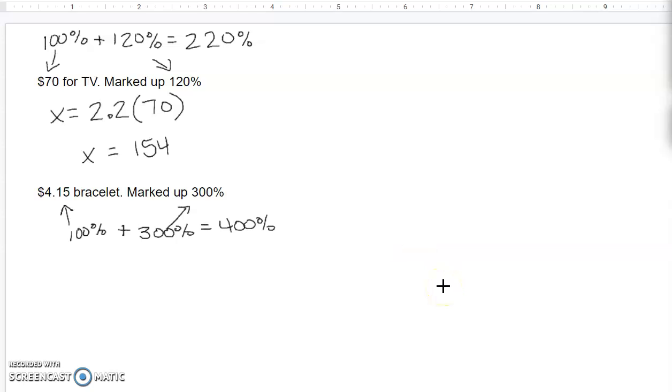So that means that I'd be selling it for 400% of $4.15. 400% as a decimal would just be 4.0 times 4.15. And that would be $16.60.